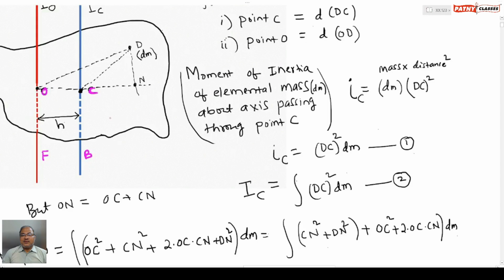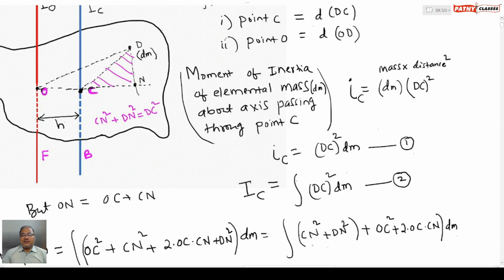From the figure, this is a right angle triangle. So here we can apply Pythagoras theorem, that is, CN square plus DN square is equivalent to DC square.